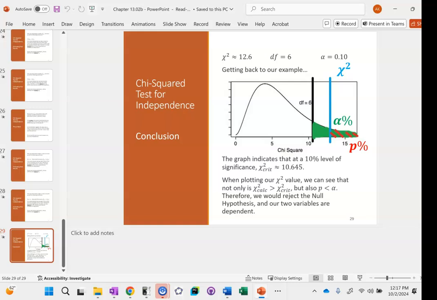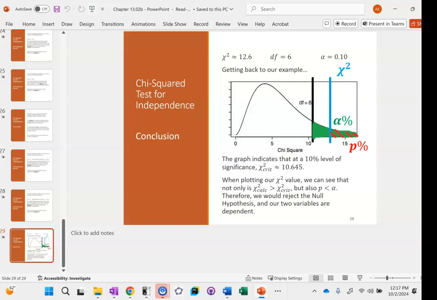This is just like running through P's, same idea. This is our actual picture. There's our level of significance here in green. There's our chi-squared statistic. There's our p-value.